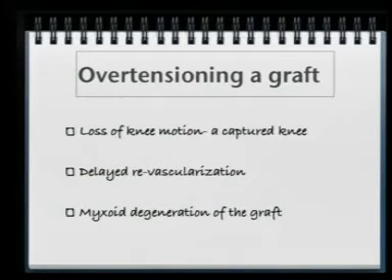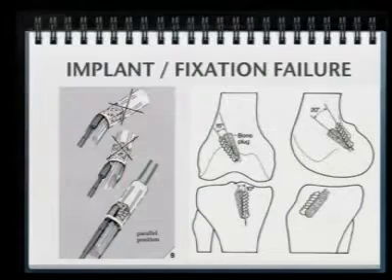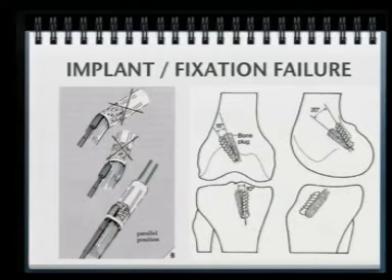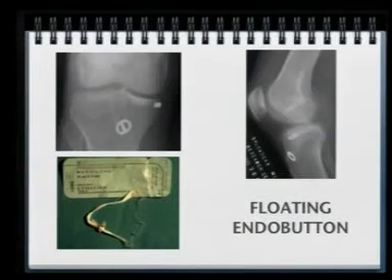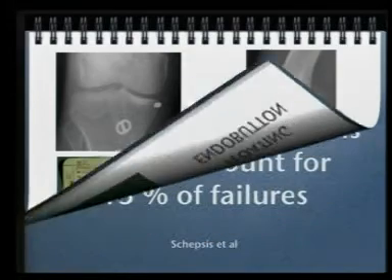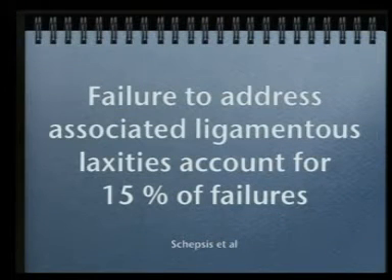Over constraining the graft is possible when you are using the bone patellar tendon bone, and this can lead to a captured knee with significant loss of motion. When you use an interference screw, one needs to be aware of divergence of the screw, which may lead to poor fixation. And one should not compromise on the quality of fixators that you use, because failure of the fixation device could lead to failure of the graft on day one.